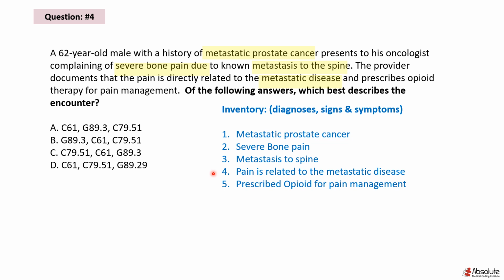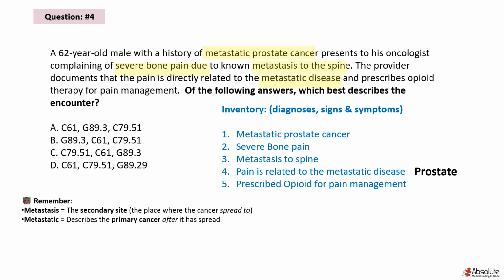Okay, coders. So, according to this documentation, this number 4 has to be the first listed code. The pain is related to the metastatic disease. Okay, coders, what is the metastatic disease? If you said it's the prostate, outstanding.